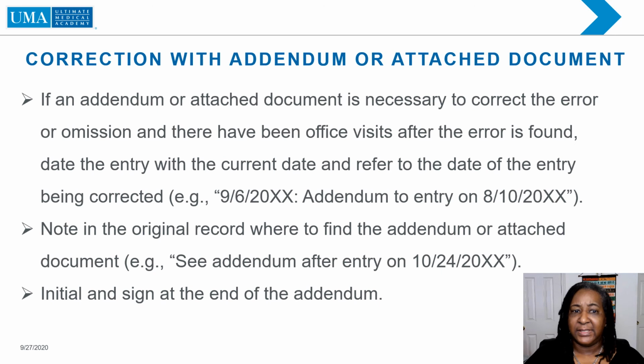So if an addendum is needed, you would write the addendum, and it says it's an addendum to an entry on the previous date of the visit. You would note in the original record where to find the addendum. So you go back to the original record and write, see addendum after entry on, and it's given here as October 24th of 2019. And then you would sign and date at the end of the addendum.